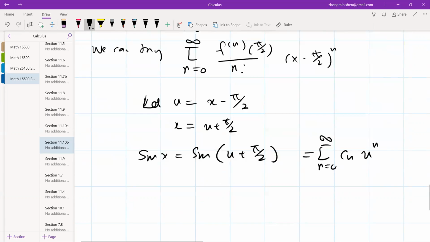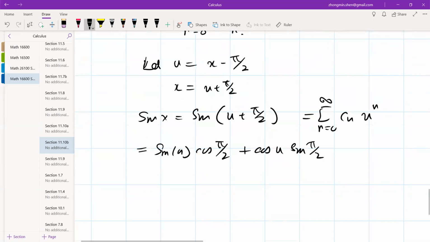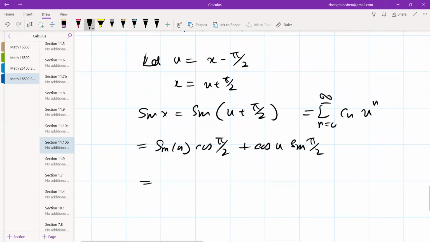We know that this is going to be sine u cosine pi over 2 plus cosine u sine pi over 2. Cosine pi over 2 is 0, so this is just equal to cosine u.